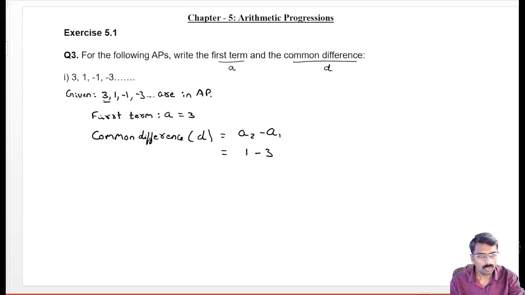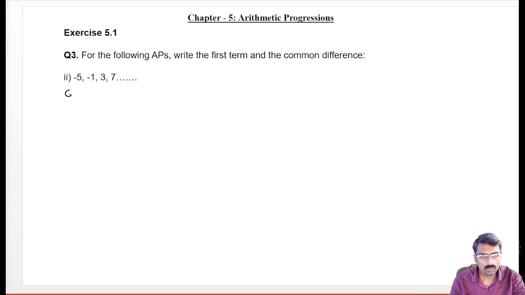Here a2 is 1 and a1 is 3, that would be equal to minus 2. So D is minus 2. A is 3. So our answer is, first term is 3 and the common difference is minus 2.